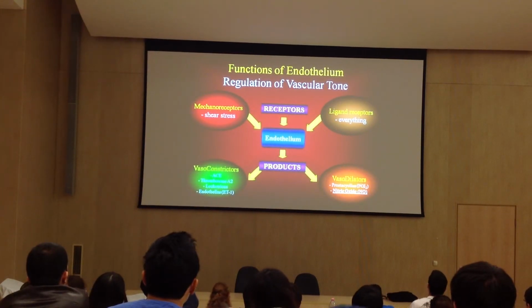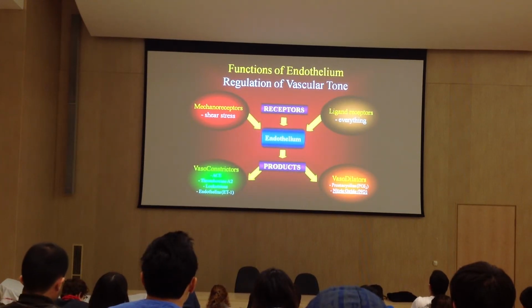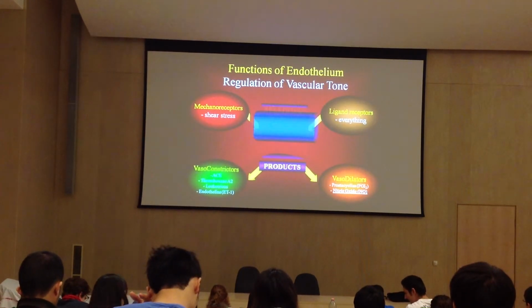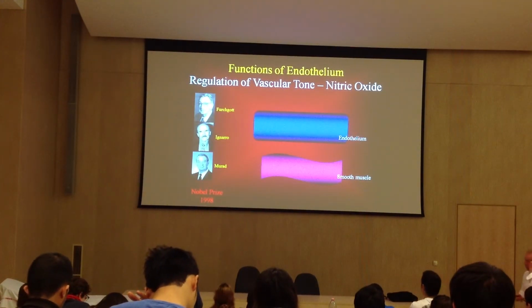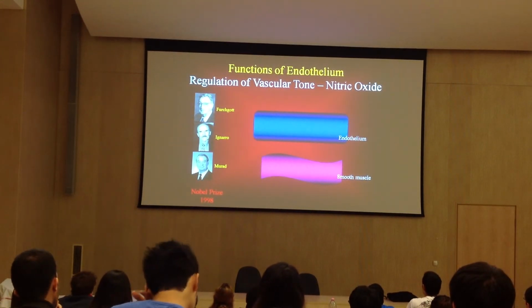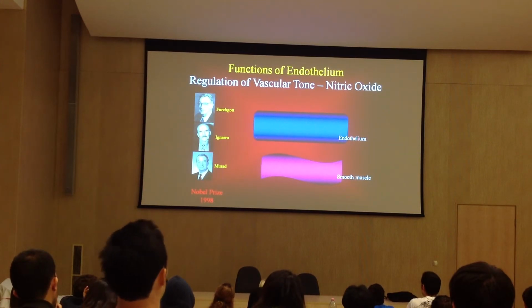But do we have vasodilators as well? Of course we do have vasodilators as well, and one which we need to talk a bit more about is nitric oxide. Nitric oxide is a very, very important molecule. Actually, it was also recognized by a Nobel Prize. And the Nobel Prize was given for a very, very simple mechanism. And the mechanism is depicted here.